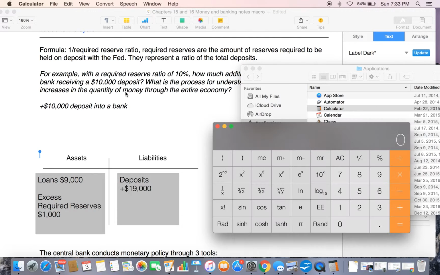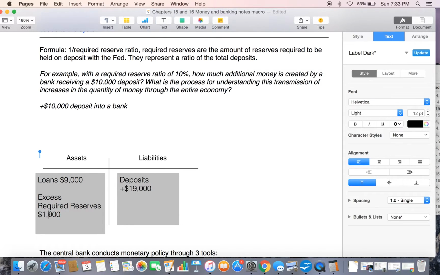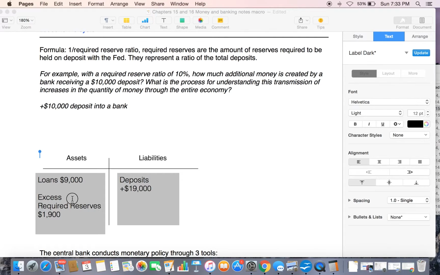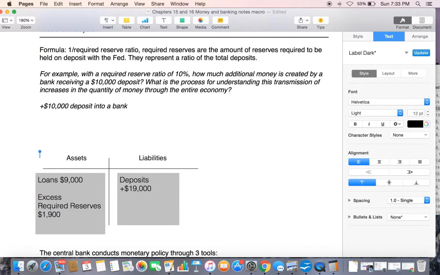So that initial $9,000 will fall into required and excess, and of that $9,000, only $900 is required to be held in required reserves. So our required reserves will increase by $900, and 9,000 minus 900 will have another 8,100 in excess reserves.